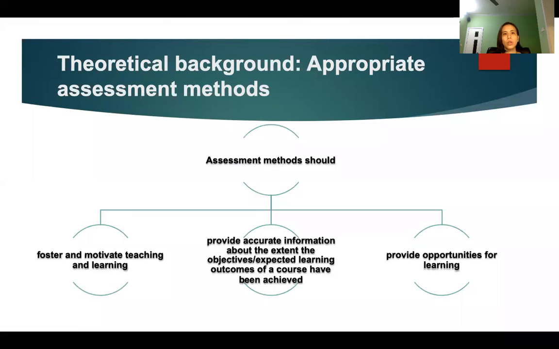In order to have assessment methods and learning outcomes alignment, the assessment methods should foster and motivate teaching and learning, provide accurate information about the extent to which the objectives of a course have been achieved, and provide opportunity for learning.